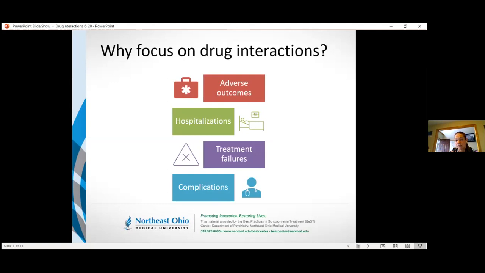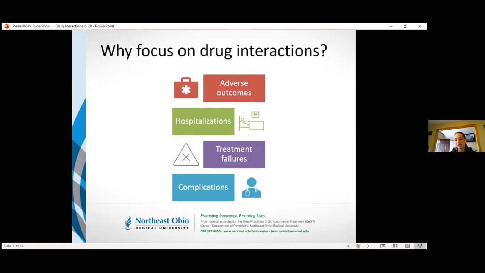Can also result in treatment failures if there is an interaction that causes adverse consequences. If patients are discontinuing their medication because of that, that could be a treatment failure as well as have potential consequences for that disease moving forward. If a patient has schizophrenia and we're not treating them appropriately, that duration of untreated psychosis could continue and have more long-term adverse effects. And then other complications.